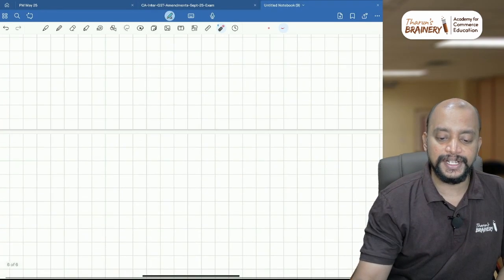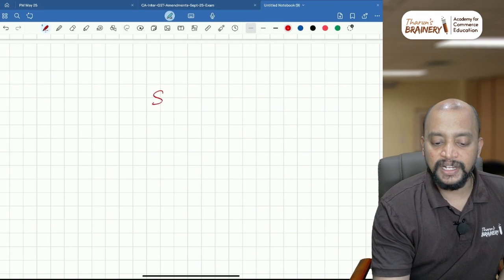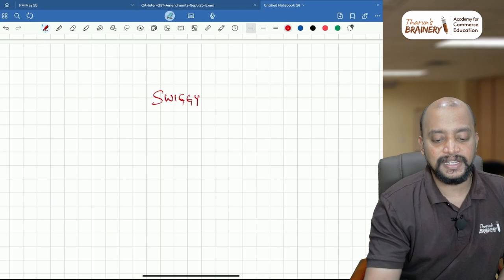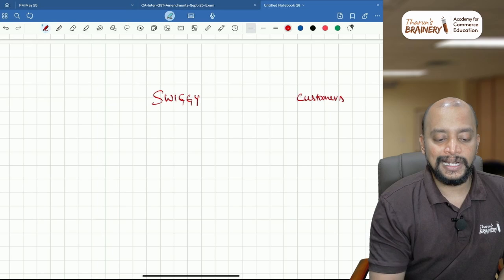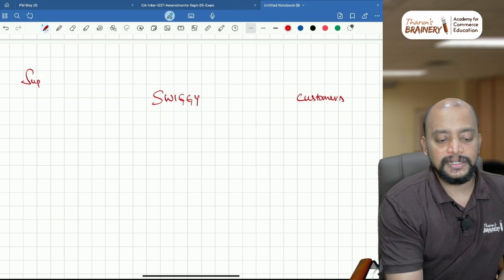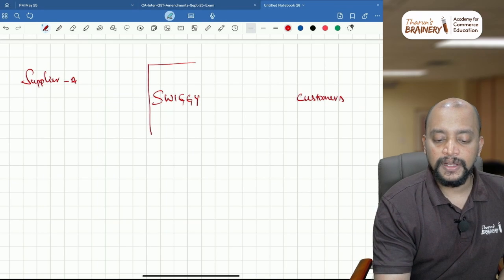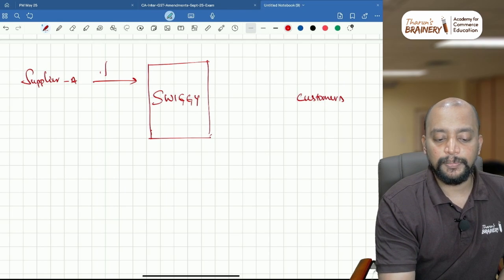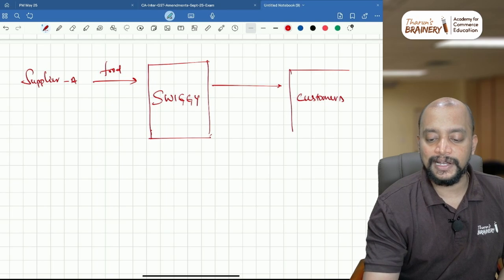What we are trying to understand is that Swiggy will make 2 different supplies to the customers. So what is that? There is supplier A, who supplies food through the Swiggy platform to the customer, correct?